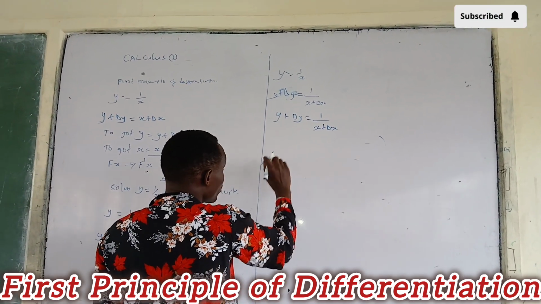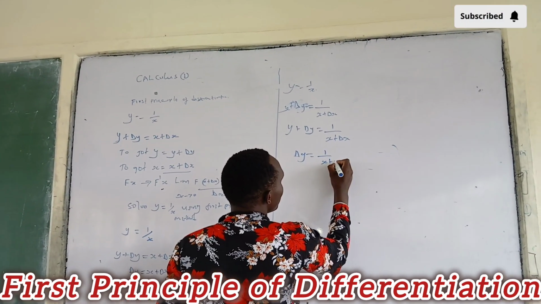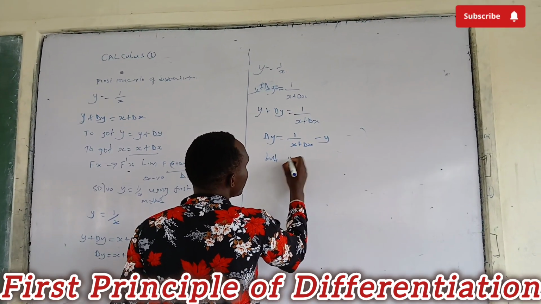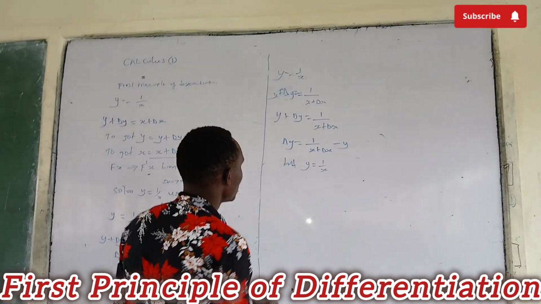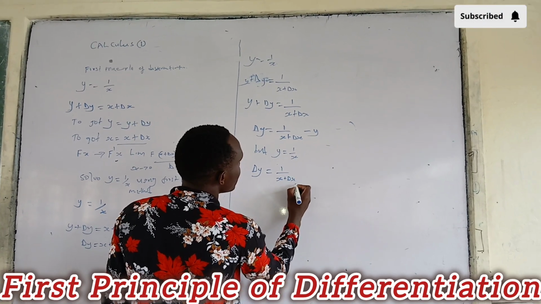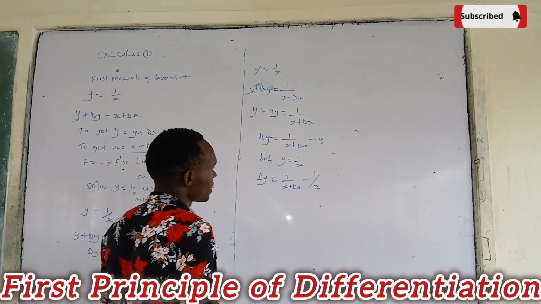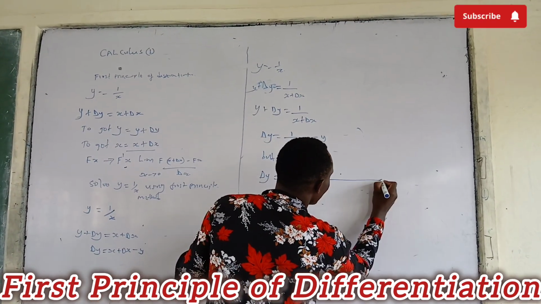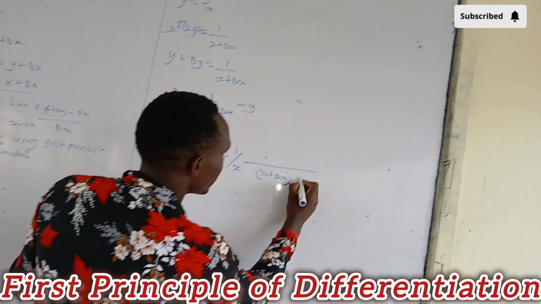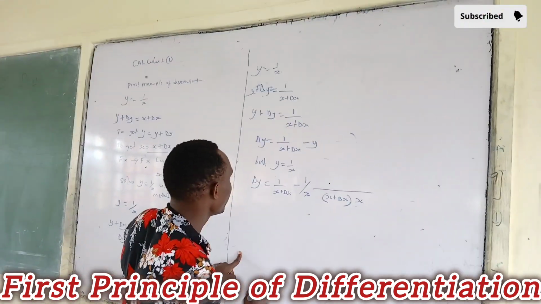So for me to remain with change in y here, change in y is equal to 1 over x plus delta x, then minus y. But y is equal to 1 over x. So change in y is equal to 1 over x plus delta x, then minus 1 over x. So I'm going to get the LCM of x plus delta x, which is x plus delta x multiplied by x.